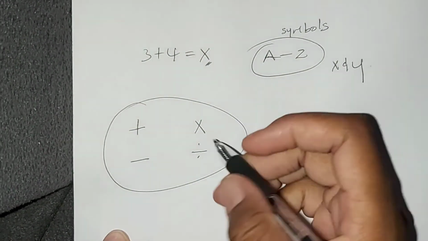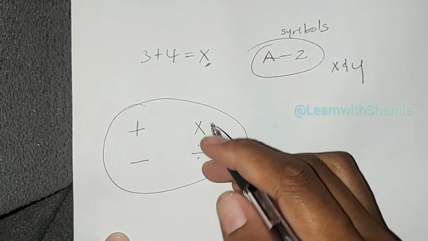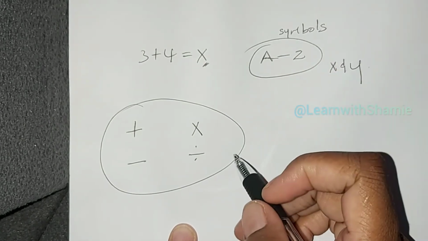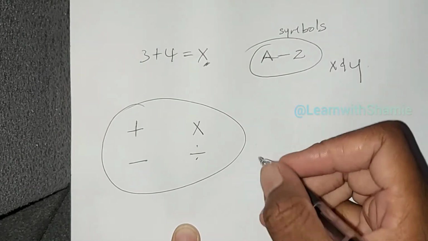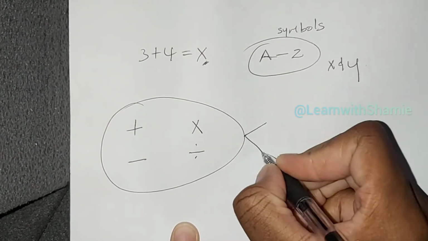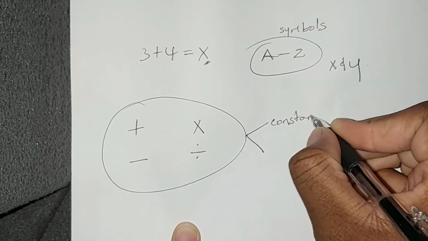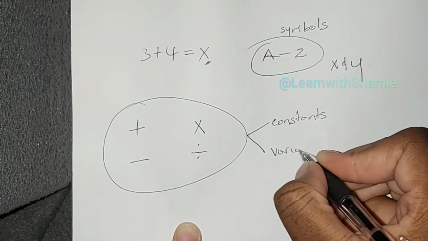In algebra, these operations involve both constants and variables.